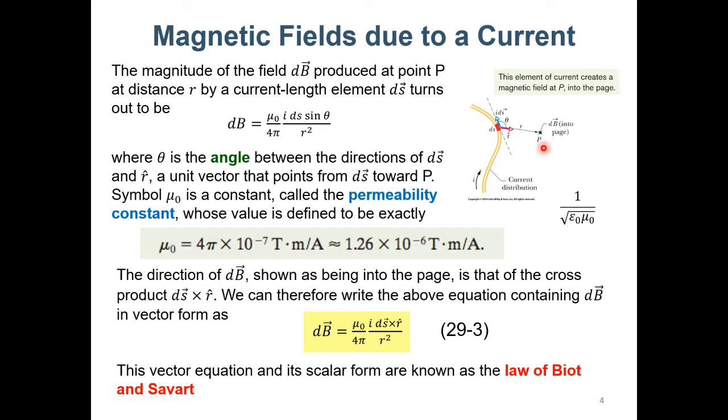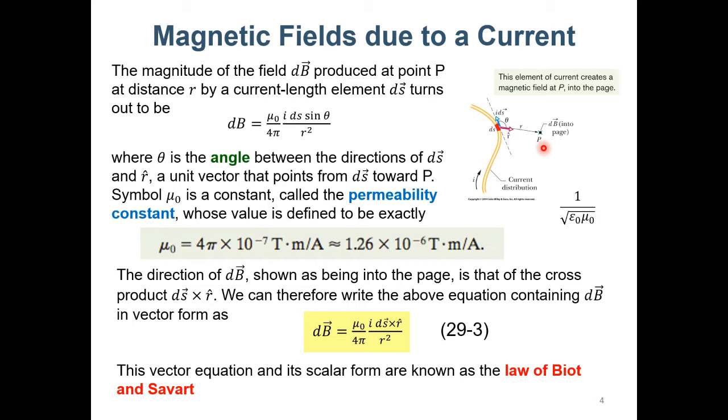Which means if this point is far away, it will be inversely proportional to the square of the distance. And also, if the current is larger, then the magnetic field generated will also be larger.